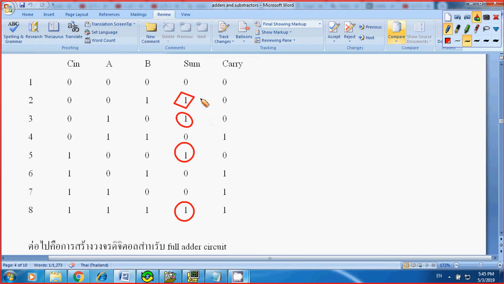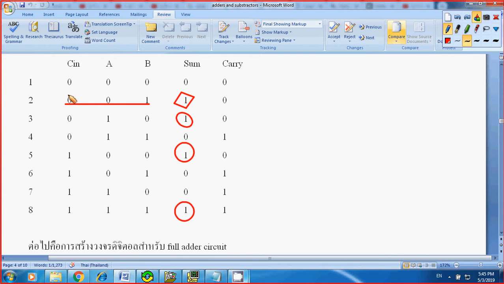You take a look at the output status of sum to be 1. That's from C in to be 0, input A to be 0, and B to be 1. You can write sum 1 in terms of C in, A, and B to be what? C in bar.